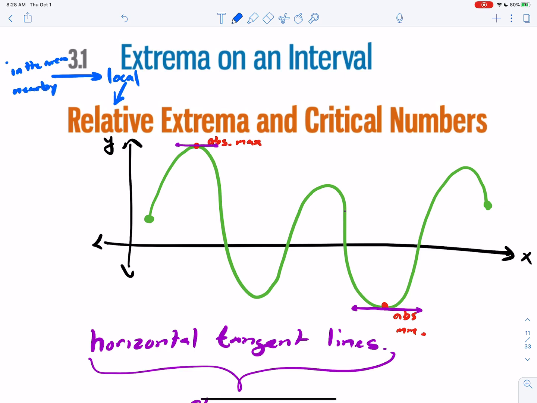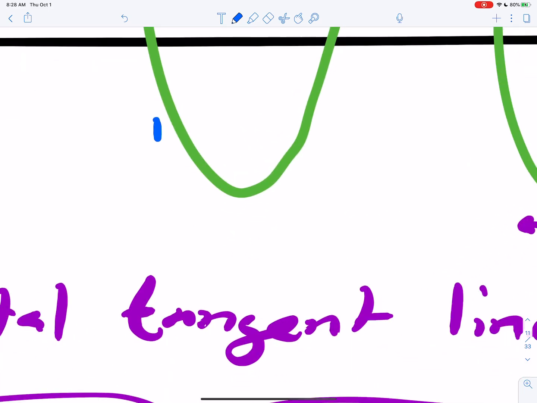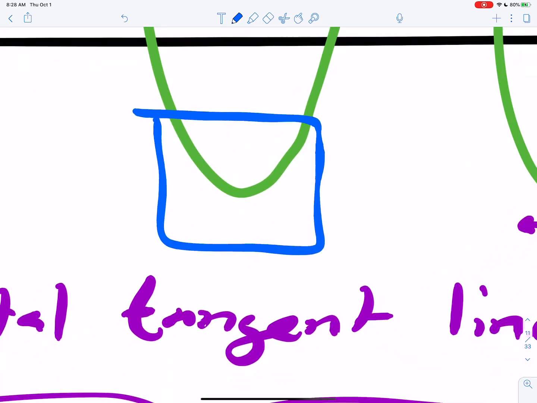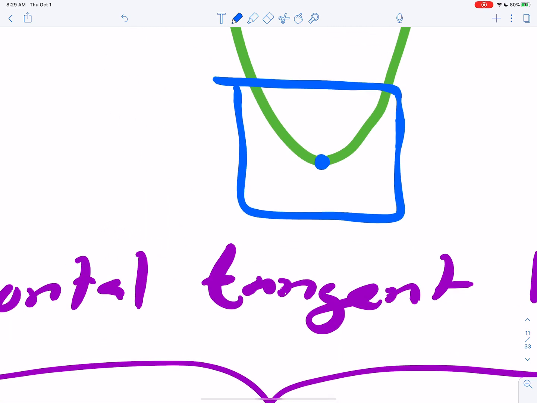Okay, so here's how this works. Local extrema is the highest and the lowest, the max and the min, but only locally. So for instance, if I'm only looking in this area right here, and you shouldn't box it, all right? If I'm only looking inside this blue square, the lowest point in that blue square is right there.